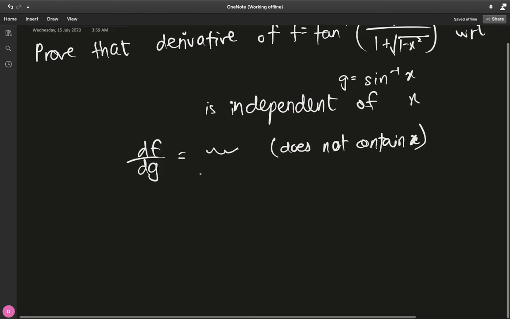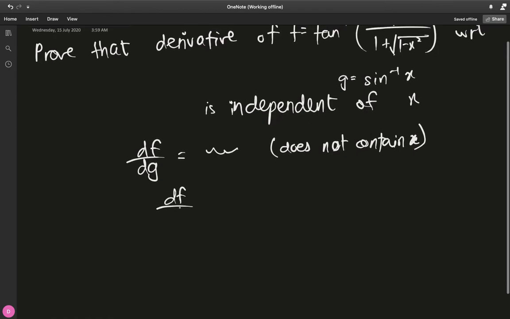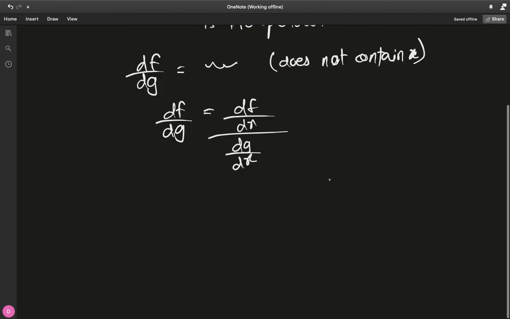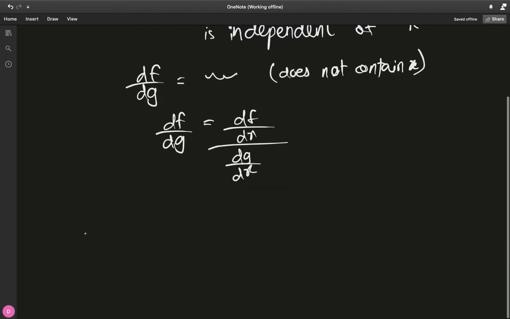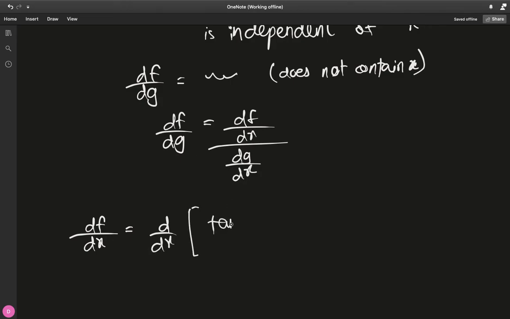Like that. So again, df over dg, use the similar strategy, df over dx divided by dg over dx. So df over dx first. Df over dx is derivative with respect to x of inverse tangent of x over 1 plus square root of 1 minus x squared.